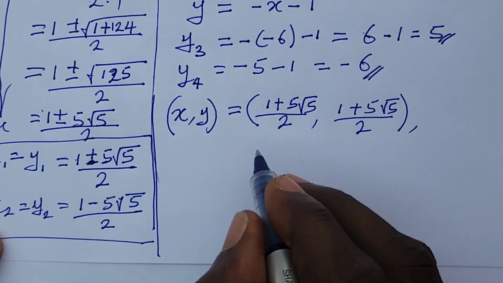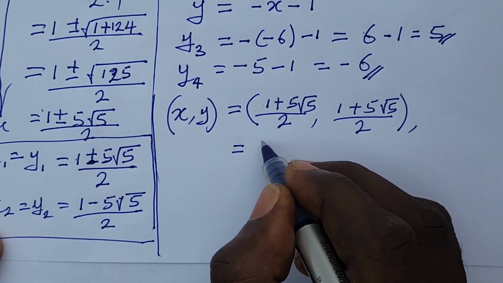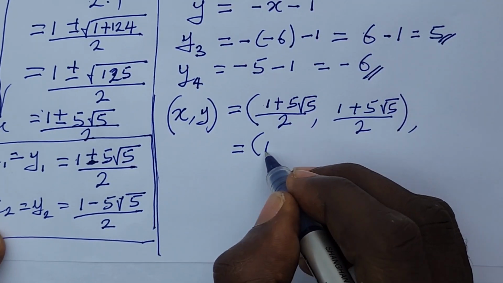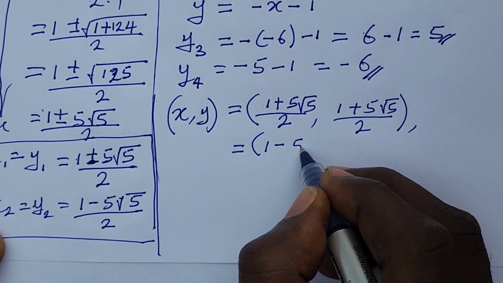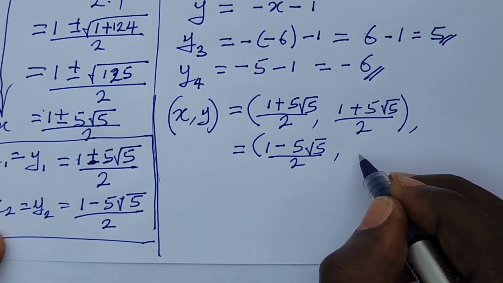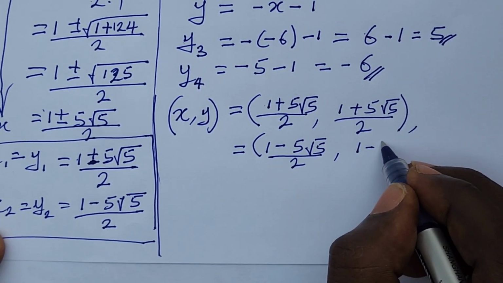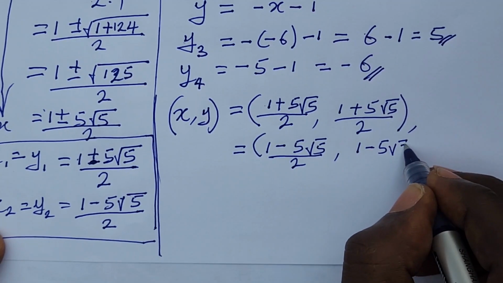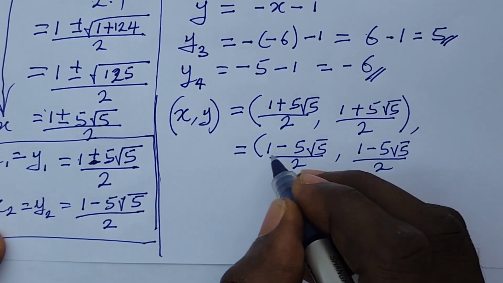Then the second one, which is our x2, we have 1 minus 5 root 5 all over 2, comma, 1 minus 5 root 5 all over 2.